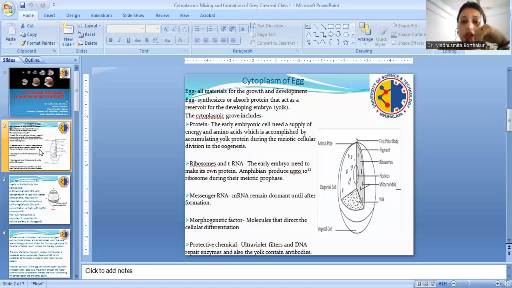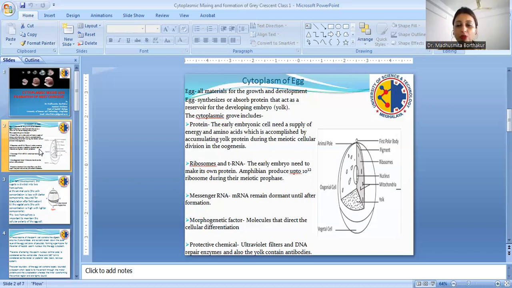As it provides protein, the early embryonic cell needs a supply of energy and amino acids, which is accomplished by accumulating yolk protein during the meiotic cellular division of oogenesis. Oogenesis means the oocyte, which will later develop into the egg cell. Inside our body, these gametic cells, the oocyte, which will later develop into the egg cell, and the sperm cells will undergo the process of meiotic division.